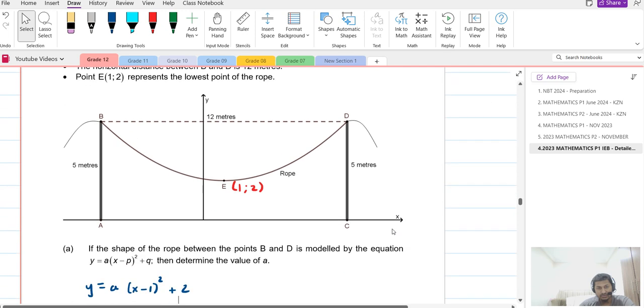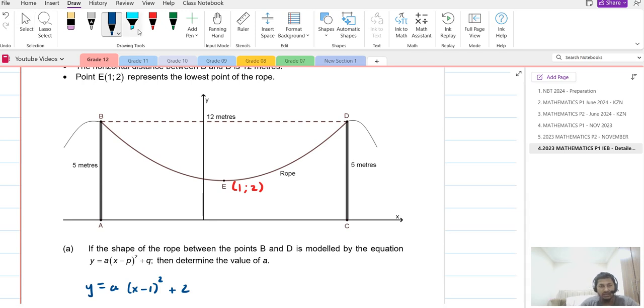The entire distance from here to there is 12. Okay, I think we got something here. We can cut this, right? This is (0, 1). So we know what the distance from here to there will be. That's symmetrical, so the distance from here to there will be 6, and the distance from here to there will also be 6.